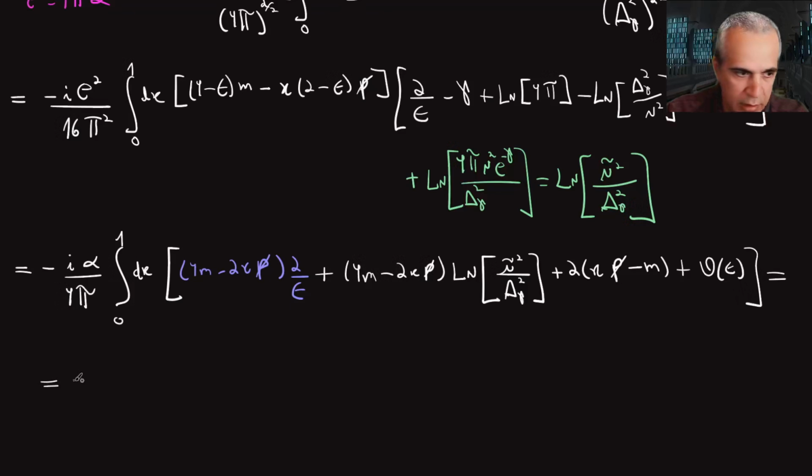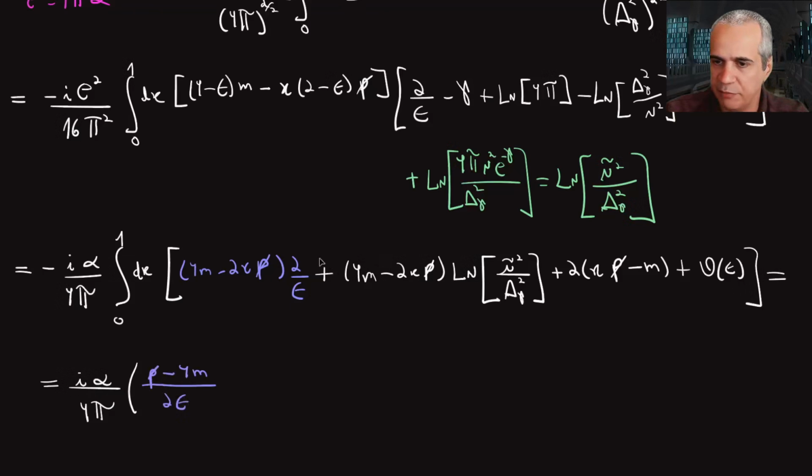I can remove a sign out here. It's just i alpha over 4 pi times p slash minus 4m over 2 epsilon. So this is the diverging part, and of course there are finite terms.